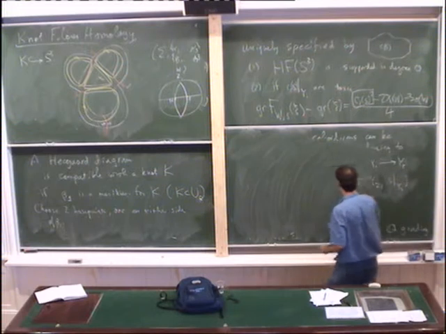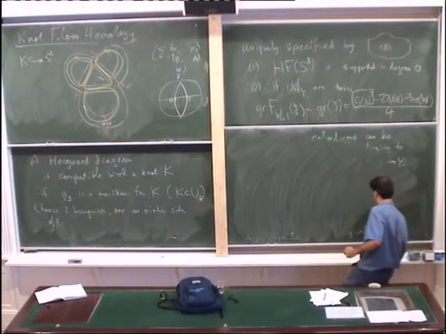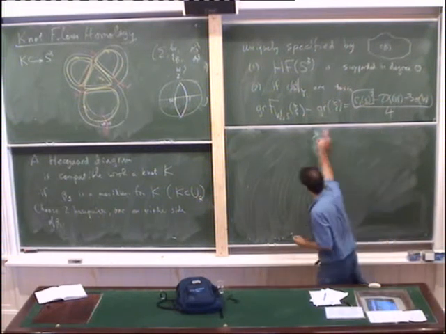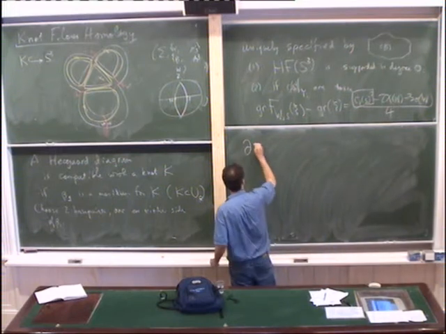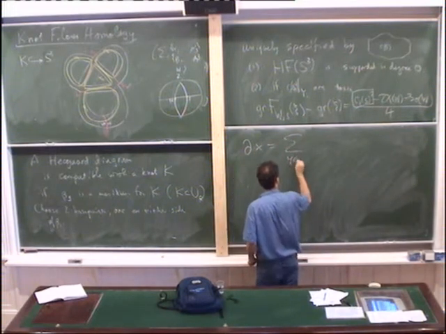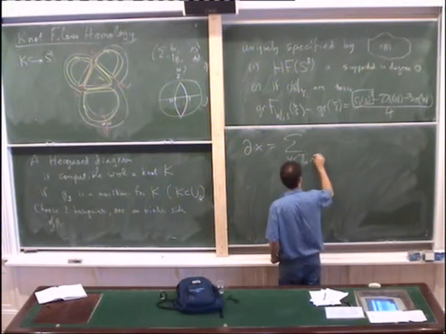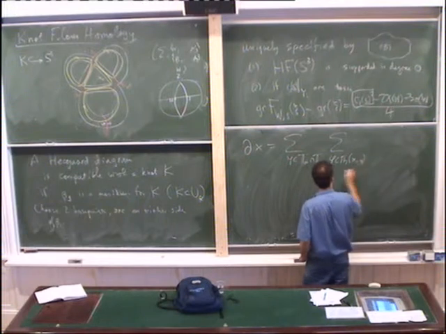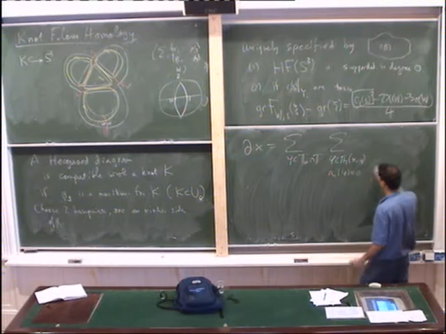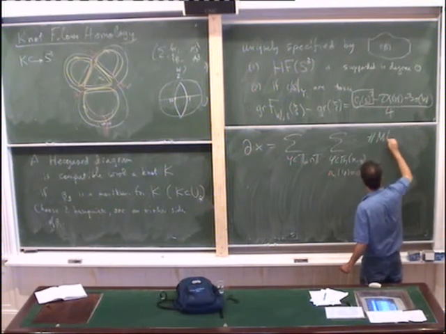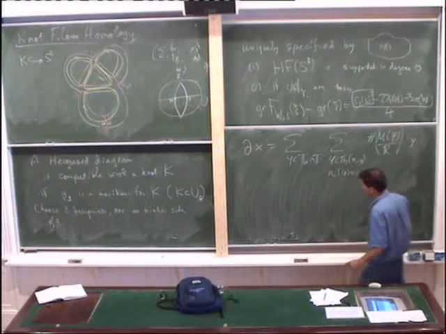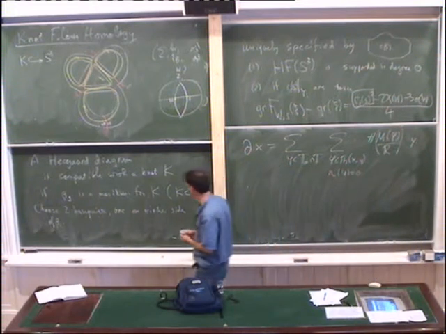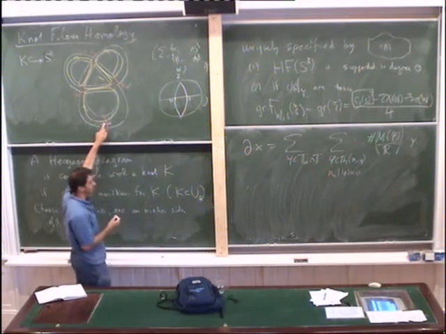So we can look at the hat complex, where we say that the differential of x is now going to be a sum over all y in T alpha intersect T beta, over a sum over all homotopy classes in pi 2 of x, y with n_W equals 0. I apologize for the change in notation. I changed from W's to Z's. So this is the chain complex for S3 using this reference point W.